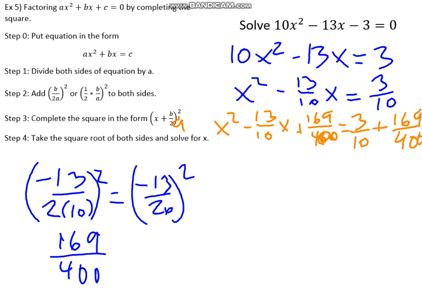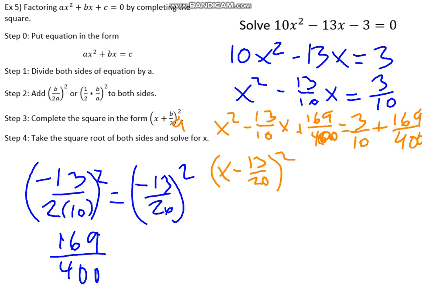So b over 2a would be x minus 13 over 2 times a, which is 10, quantity squared. What this is supposed to be is the same as this right here.